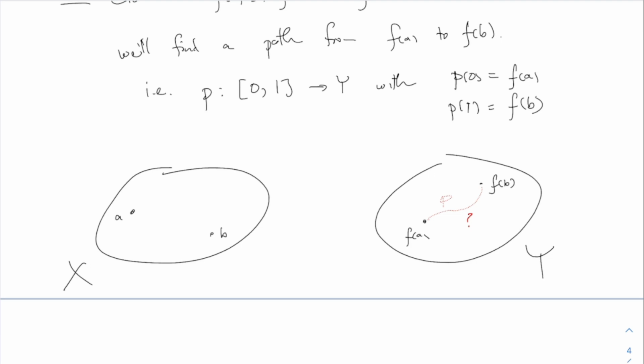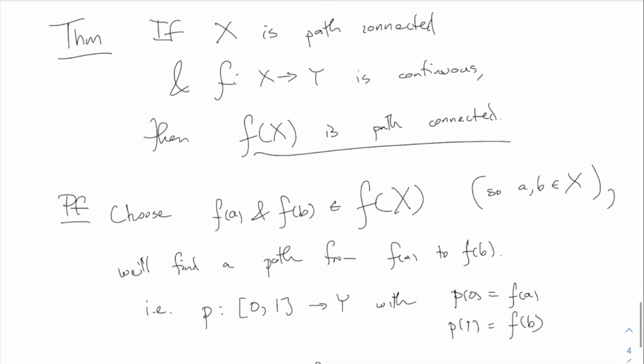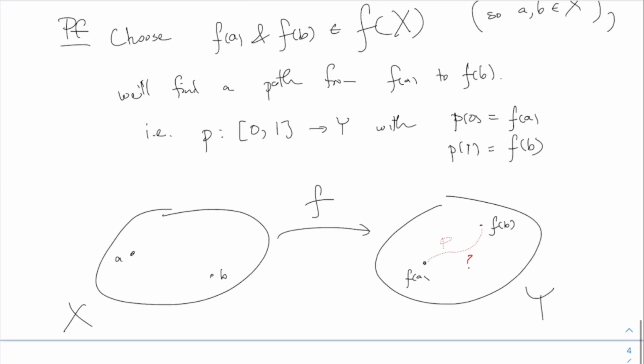And what we have to work with is, first of all, f is a continuous function, and we have also assumed that X is path connected, all right? Anybody want to suggest how we can use one or the other of those assumptions? F is continuous and X is path connected.